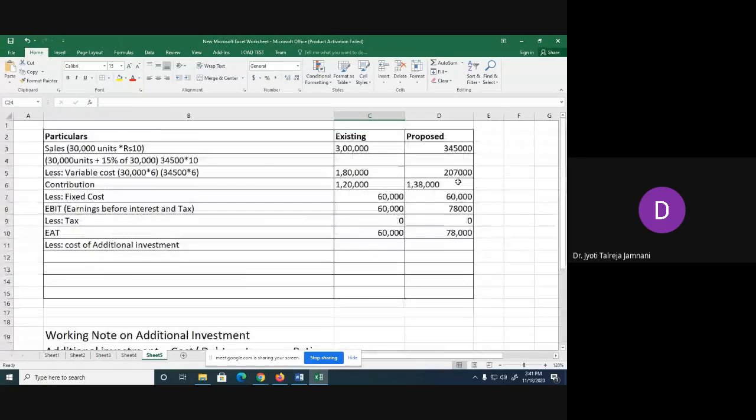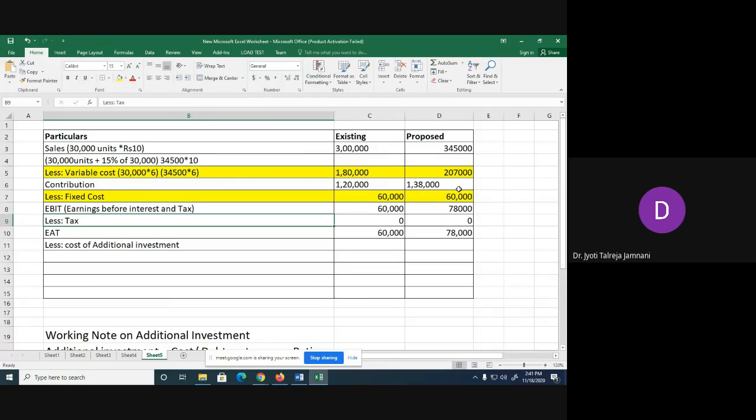So I'll go to the problem. In the existing, see what is the variable cost: 1,80,000 and 2,07,000, and see what is the fixed cost. So you simply add both, 1,80,000 and 60,000, and 2,07,000 and 60,000. You will get the total cost.